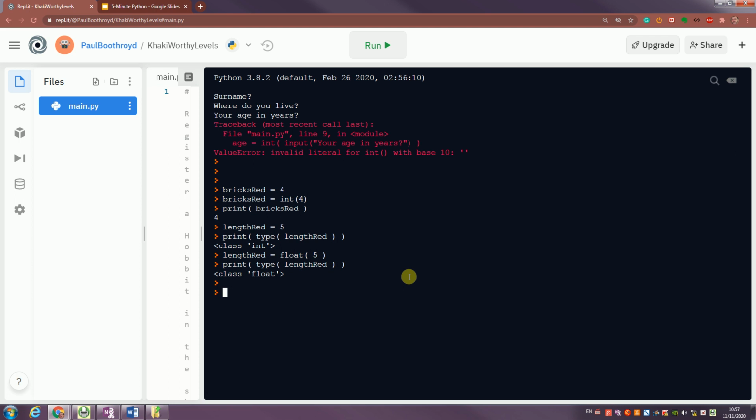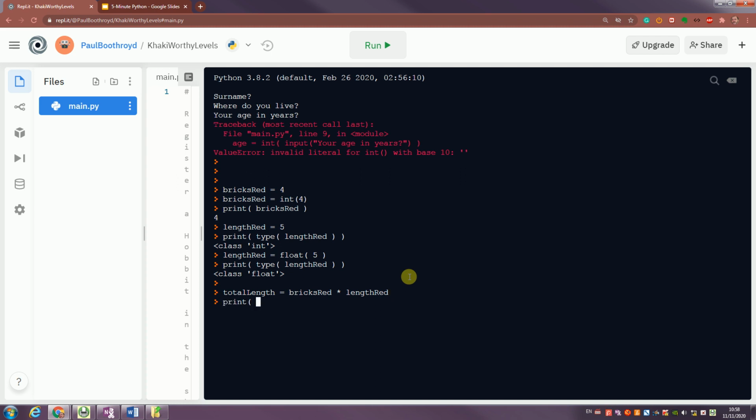So say I've got 4 bricks and they're going to be put next to each other. How long are they? So I can do the calculation. Total length is the number of bricks that are red times the length of a red brick. And we would expect this to come out as 20.